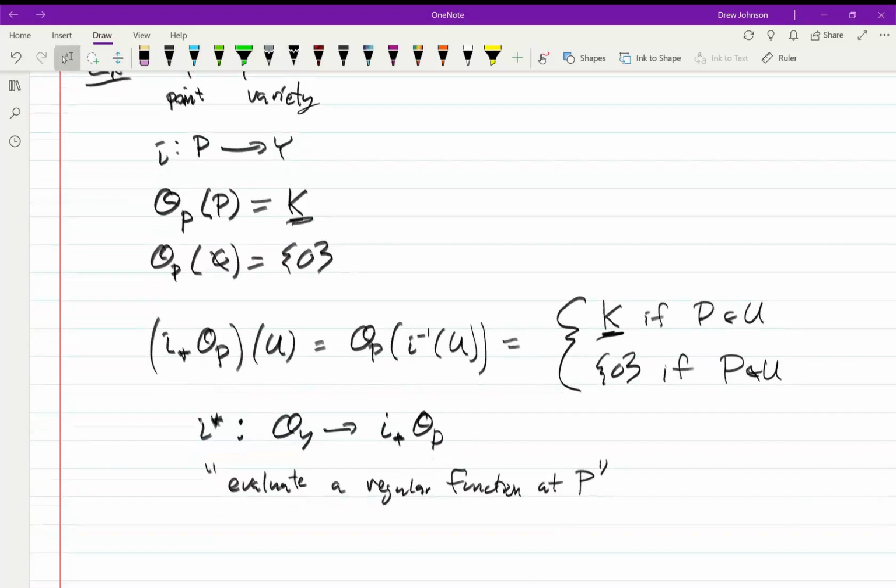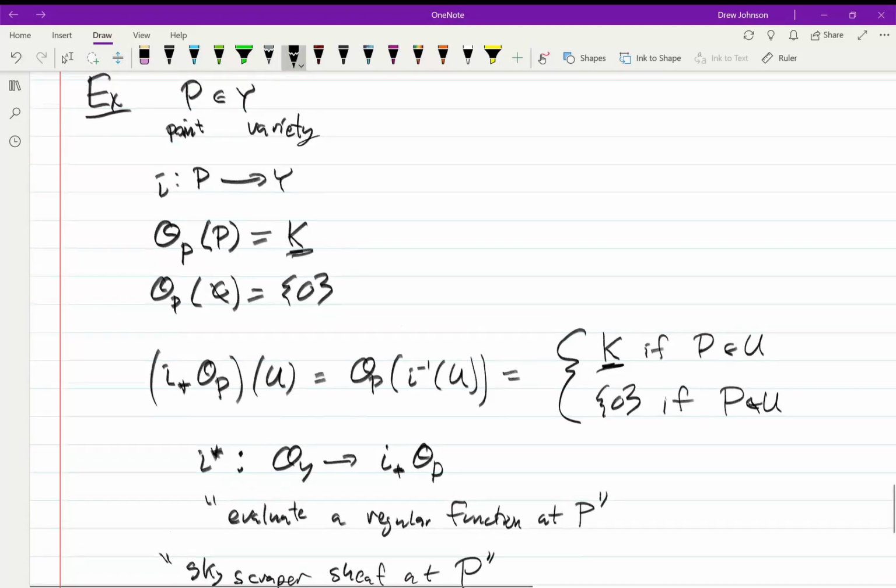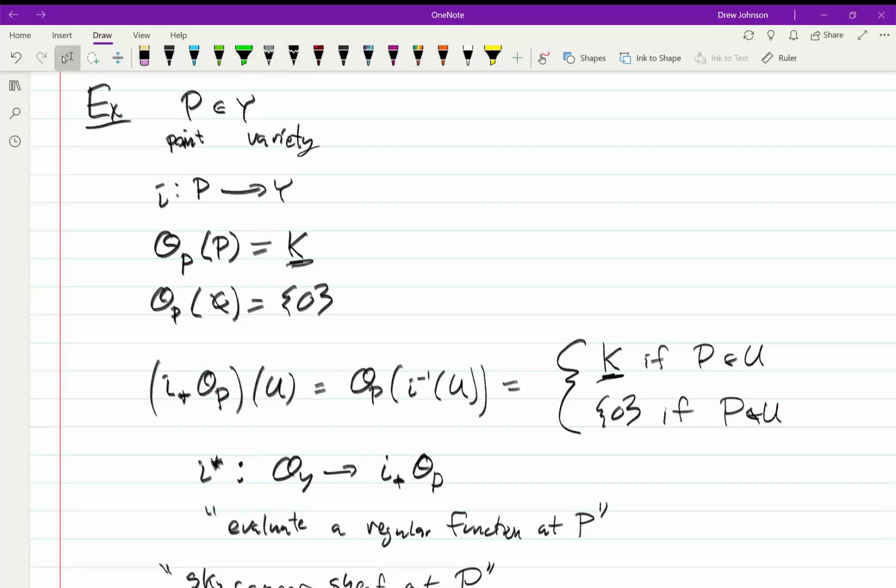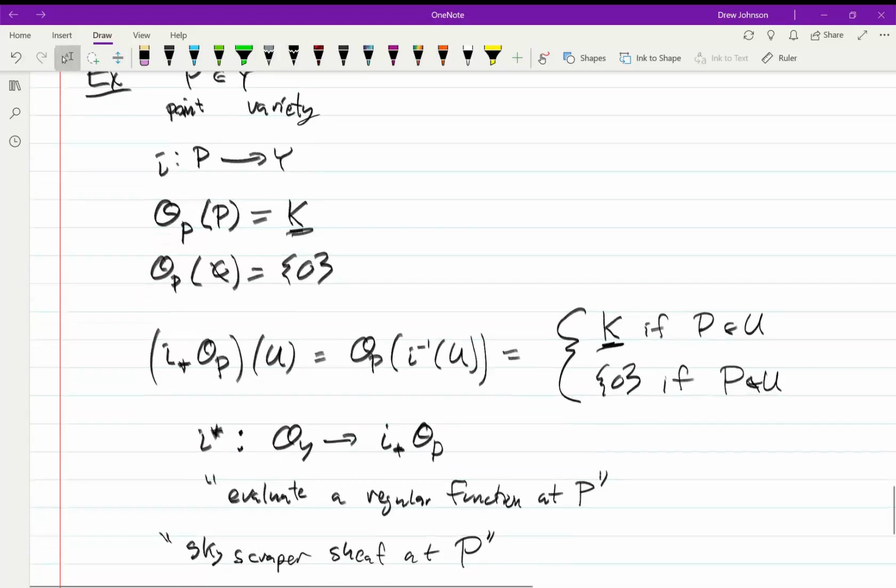This example is sometimes called the skyscraper sheaf. You have this variety Y, but all the information of the sheaf is concentrated at one single point.